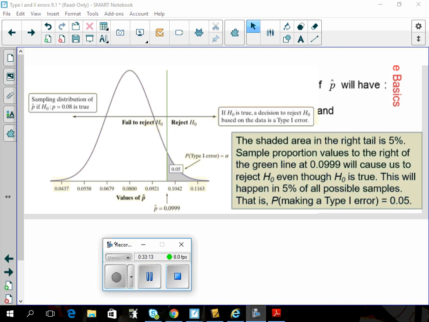Based on your sample results, that can slide around. Do you agree? Sample proportions to the right of whatever our p hat is, which happens to be 0.0999, will cause us to reject the null even though it's true. That's an example of a type 1 error, okay?